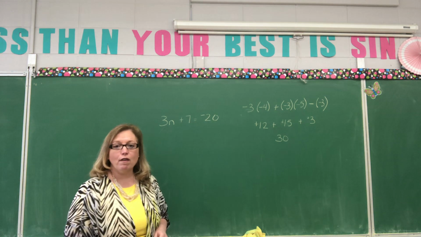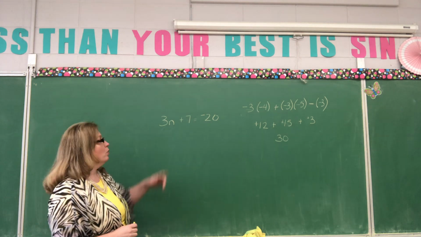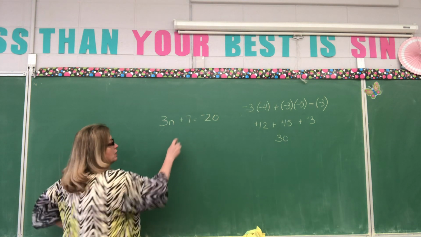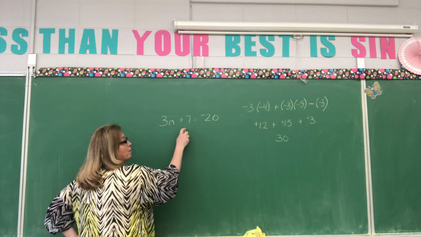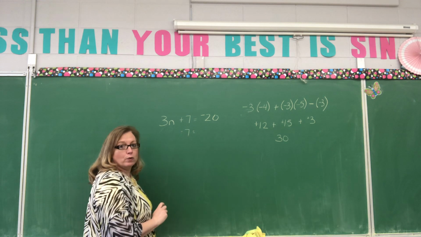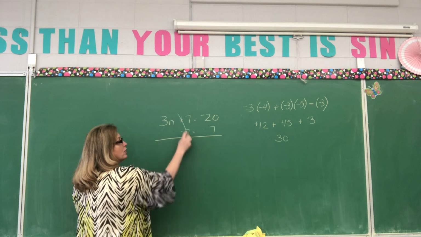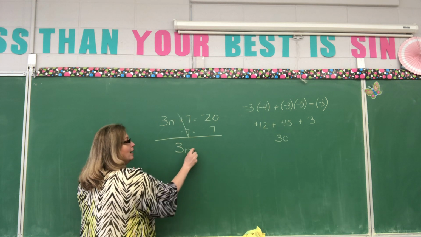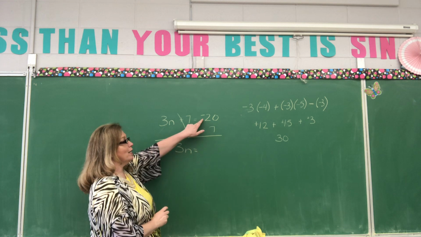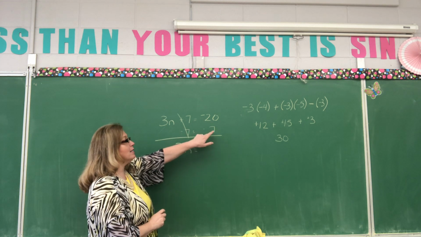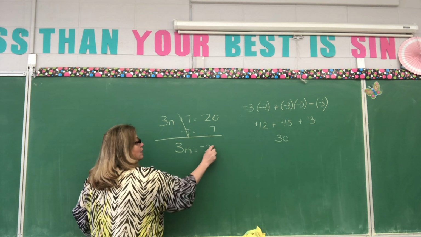Okay? And to solve this, it's a two-step equation. We need to get rid of the constant. It says plus 7, so we're going to minus 7. And whatever we do on the left, we must do on the right. So this is going to cancel, leaving us 3n equals -20 minus 7 is -27.